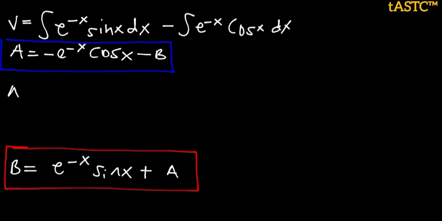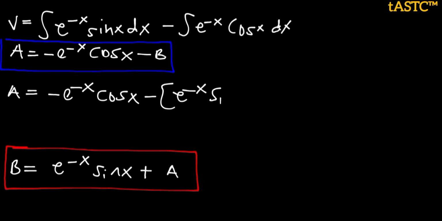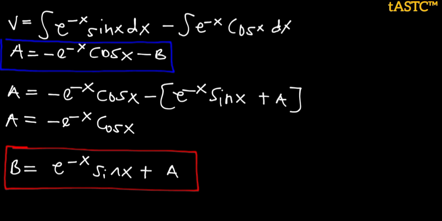So that is going to give us a, and this is equal to negative e to the negative x multiplied by cos x minus b. Now b is equal to e to the negative x sine x plus a. And so a is going to be equal to negative e to the negative x cos x minus e to the negative x sine x minus a.